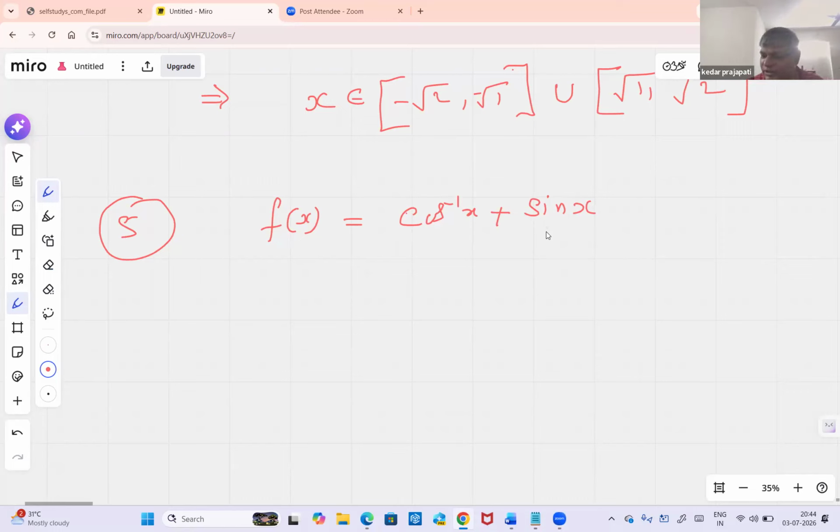So what we have to do, right? In this kind of question, the trick is, whether it is plus or minus or into or division, they can give anything. If two separate functions are given, then you have to find the domain of f(x).